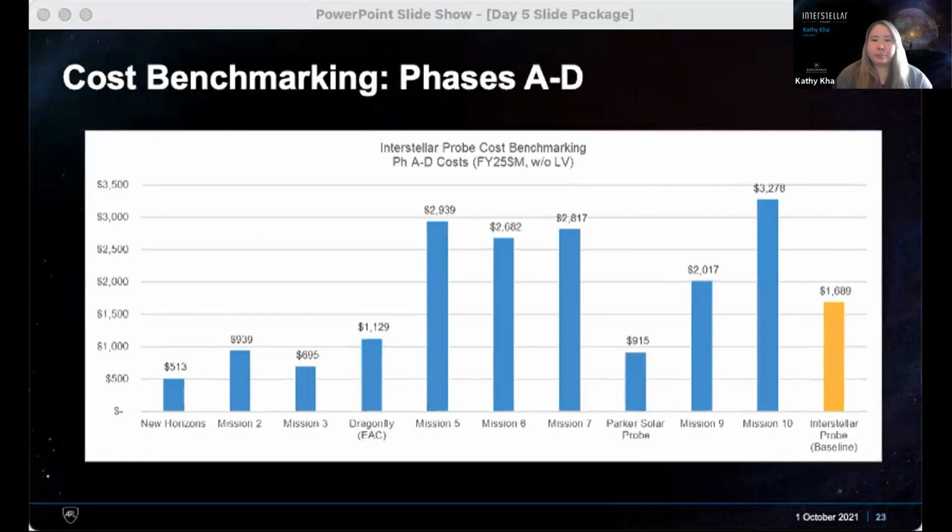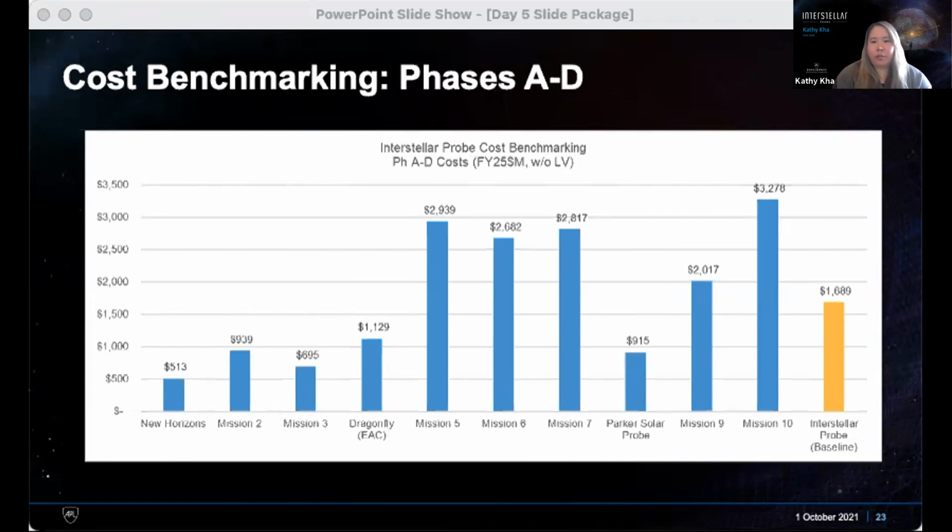Okay, so we first wanted to see how we compared to other missions in terms of our development costs. So this was our cost benchmarking exercise for development costs for Interstellar Probe.